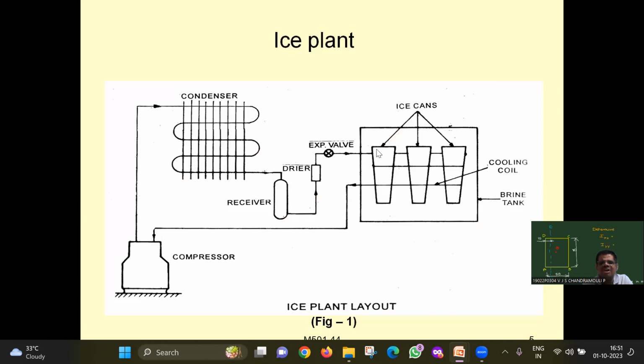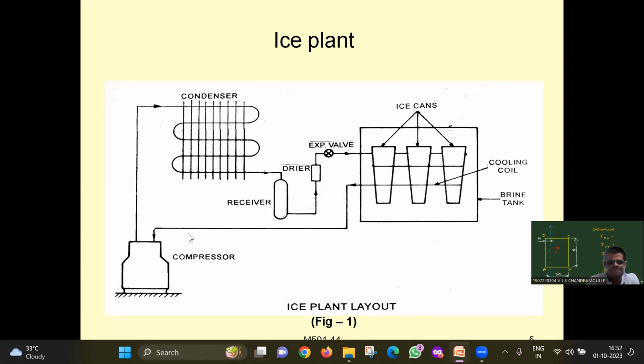However, the evaporator tubes are run over this one. Here also there is a compressor, a condenser, and an expansion device. Here the expansion device is not a capillary tube, which is used for low capacity applications. So here we have to use an expansion device which suits high capacity units.